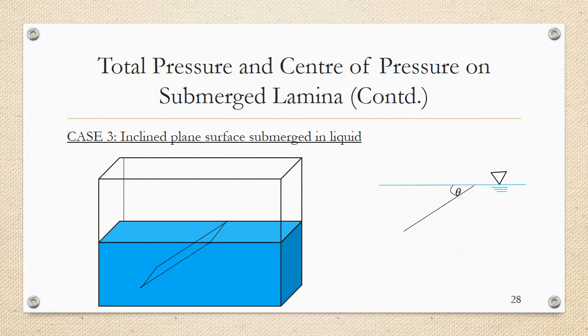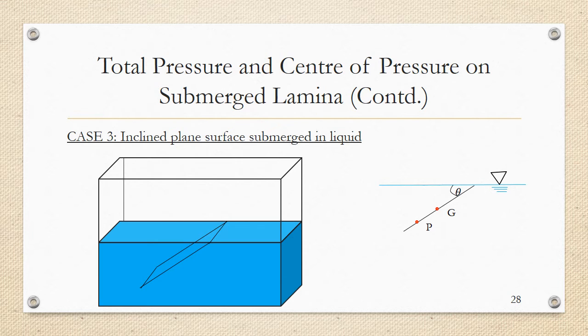Okay, so now considering case 3, where an inclined plane surface is submerged in liquid, it is important that we know how to locate the center of pressure, center of gravity, etc. for this particular plane lamina. And so on the two-dimensional figure, I'm marking the center of gravity and the center of pressure.